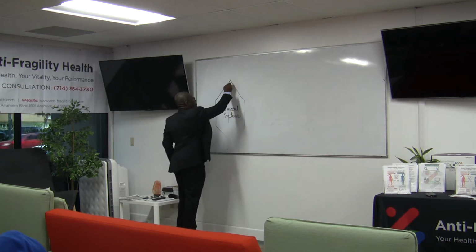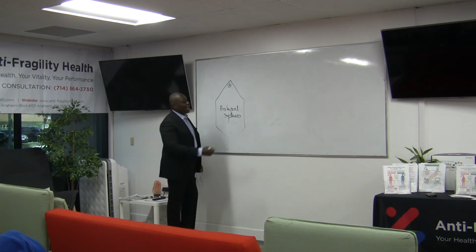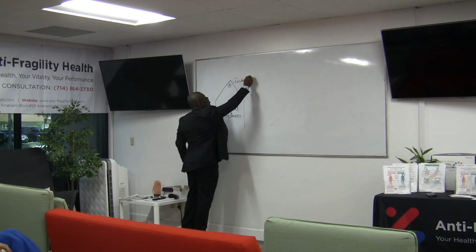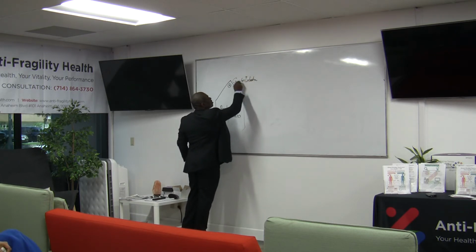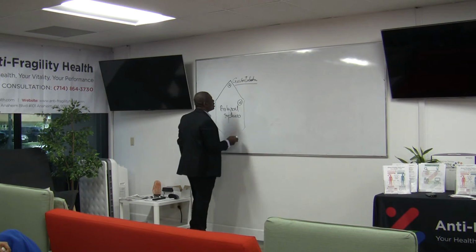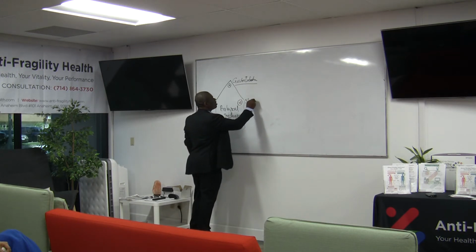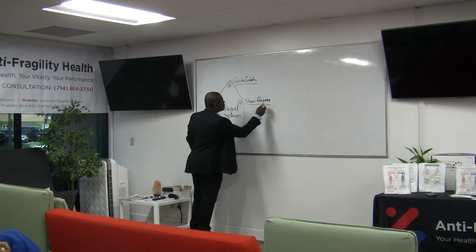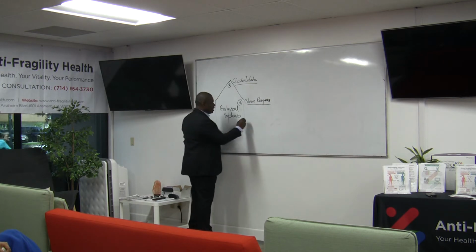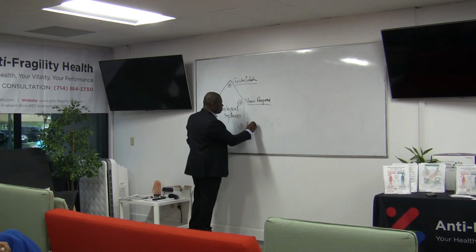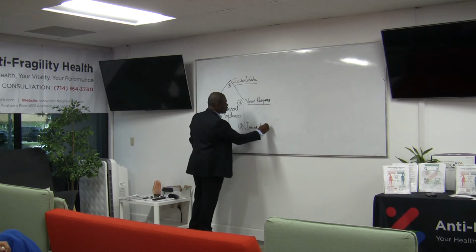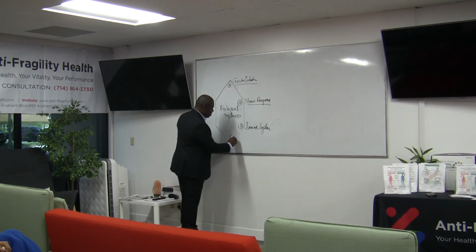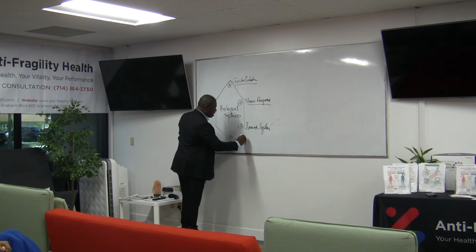So the number 1 biological system is our gastrointestinal system. Number 2 is our stress response. So I'm not putting this in order of importance, I'm just listing them. Number 3 is our immune system. Number 4 is our metabolic system.